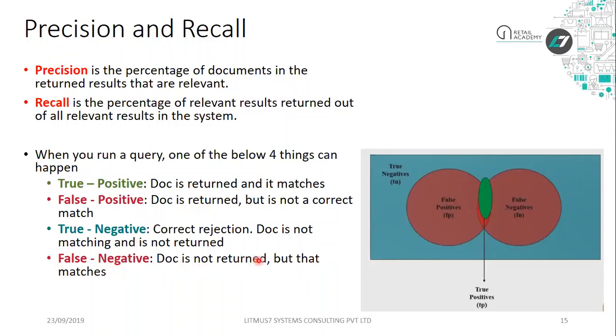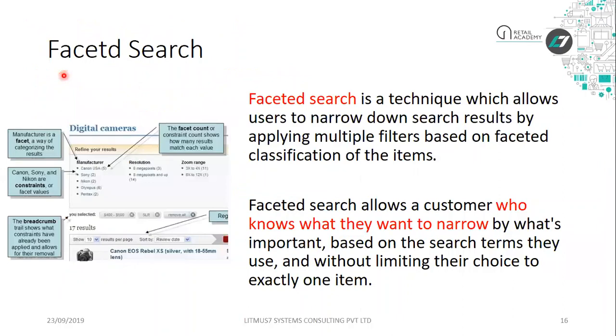But the scenario where a document is not returned, but it matches, is difficult. Precision and recall are the two terminologies used to indicate the relevancy of the search results.